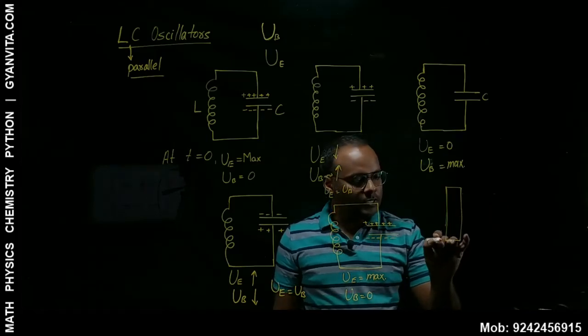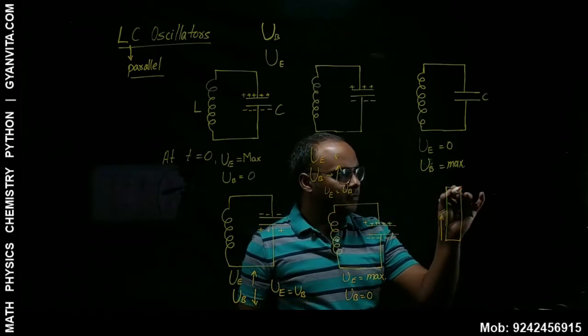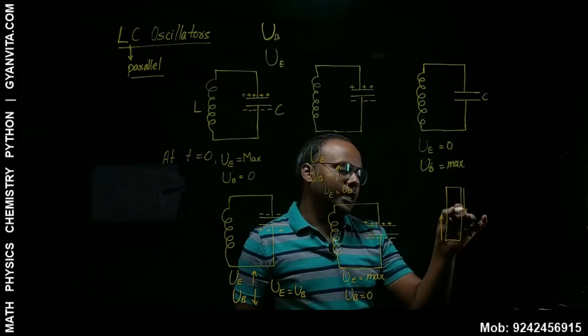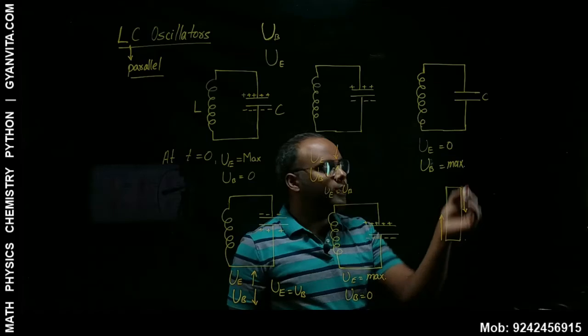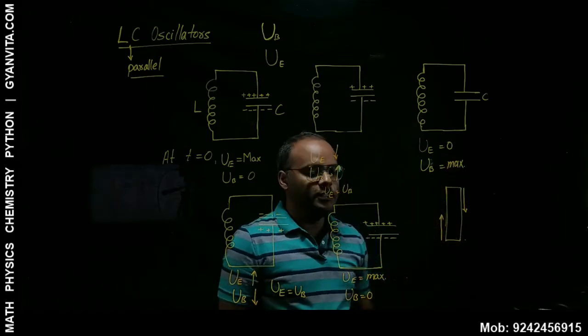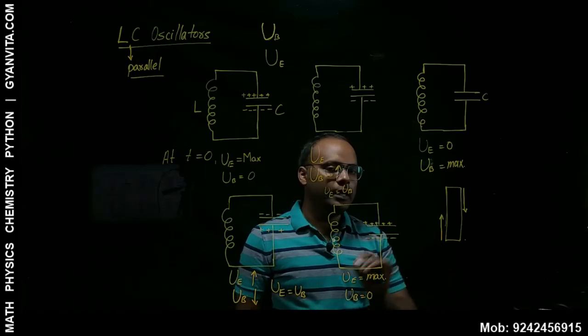So suppose electrical energy increases and magnetic energy decreases. And after that, when magnetic energy reaches its minimum, then again magnetic energy increases and electrical energy decreases, right? So this keeps on happening.